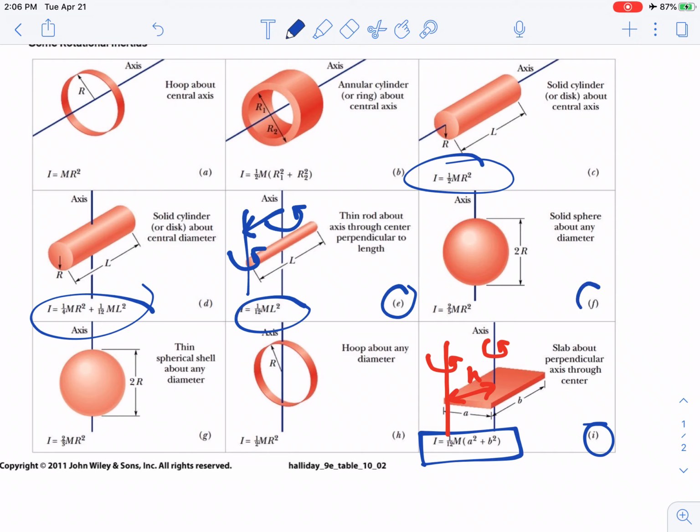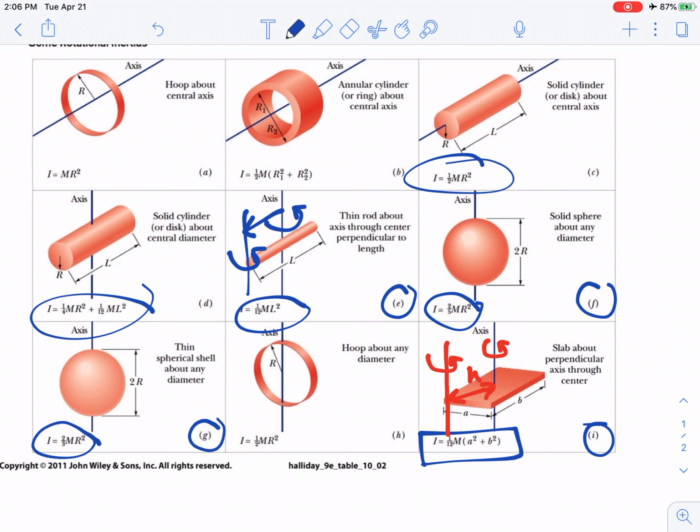Next we have the solid sphere about any diameter. Okay, but it passes through the center. And this next one, G, is the thin spherical shell. So this is a hollow sphere, and the previous one was a solid sphere. That's the difference, and you can see the difference. This is 2/5, this is 2/3.